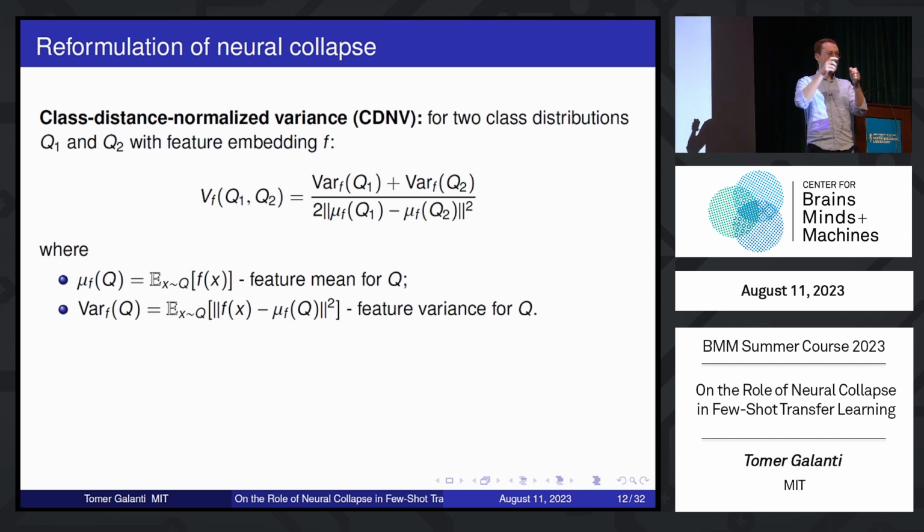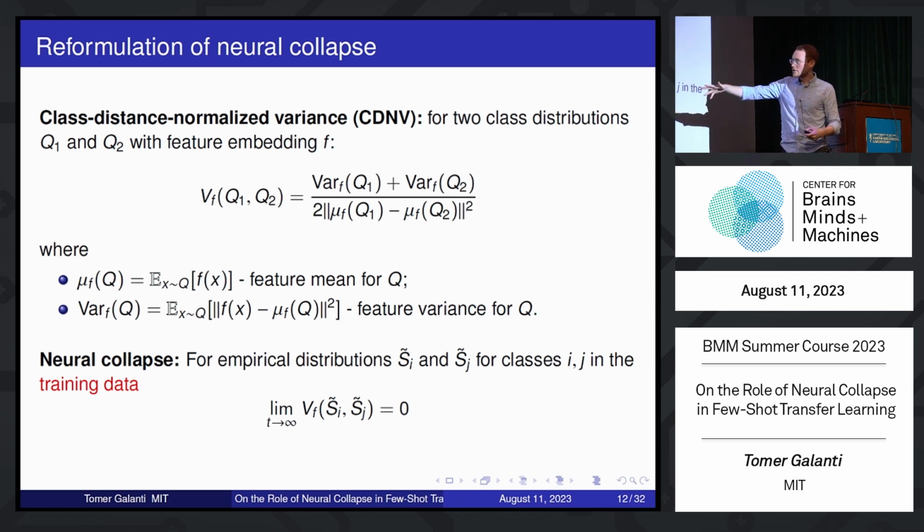Okay, so we measure the variance of the embeddings of each one of the classes, and we look at the square distance between the class means. And just for sanity check, this quantity is scale invariant, right? If I multiply f by 5, then both numerator and denominator would be multiplied by 25, which means that it will not be affected, okay?